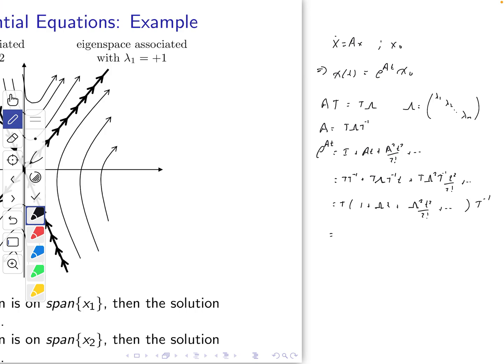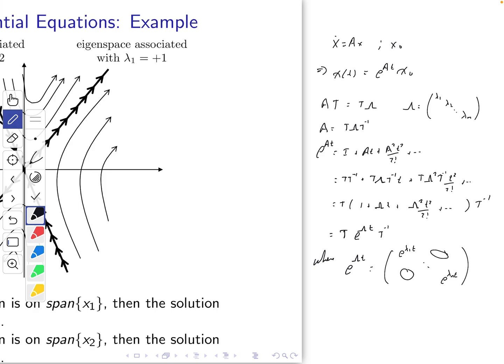And then this is going to be T e to the lambda t T inverse, where e to the lambda t is just e to the lambda 1 t down to e to the lambda n t, and zeros everywhere else.